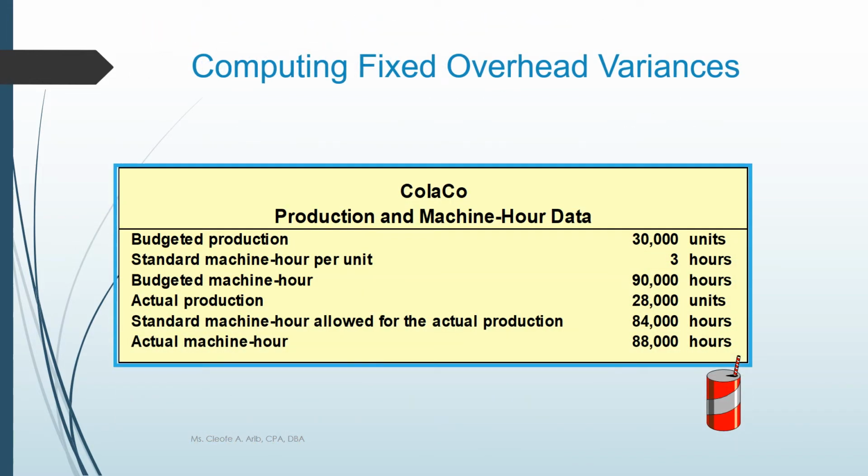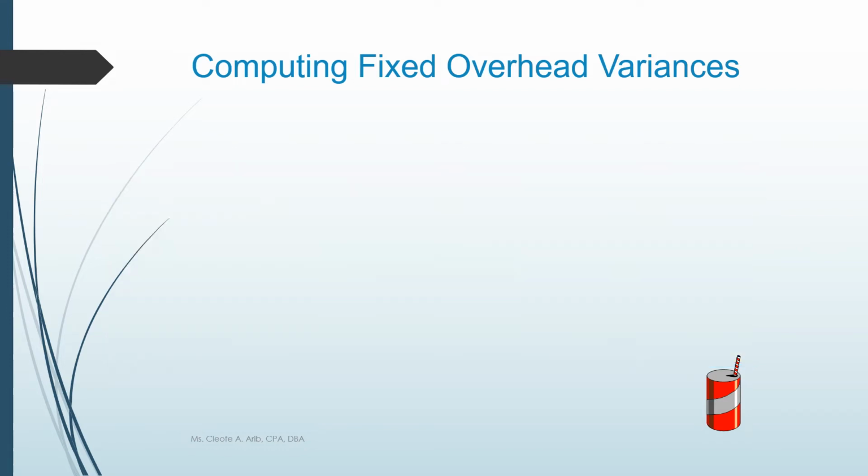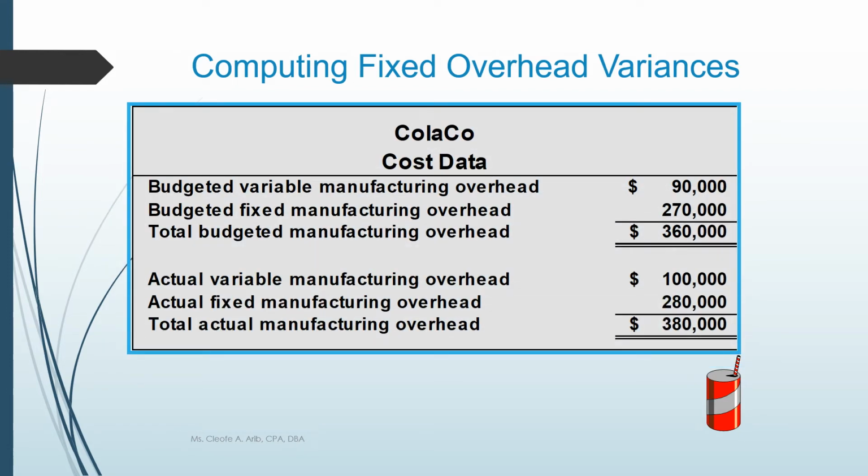Now, let's try computing fixed overhead variances by using this data for Cola Company. You have the production and machine hour data for a particular period. So, just go over the given data. In this slide, we can see the production overhead cost of Cola Company.